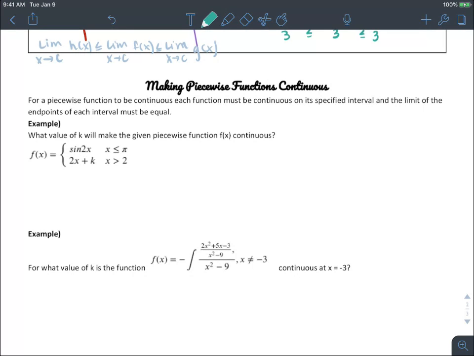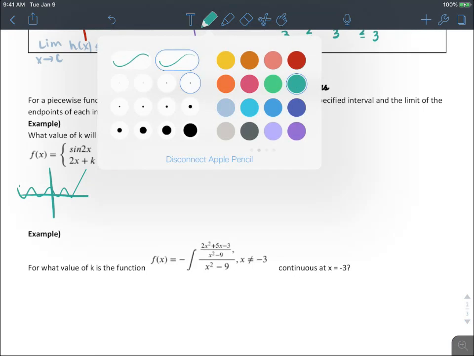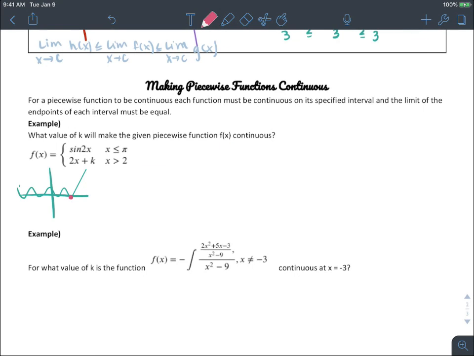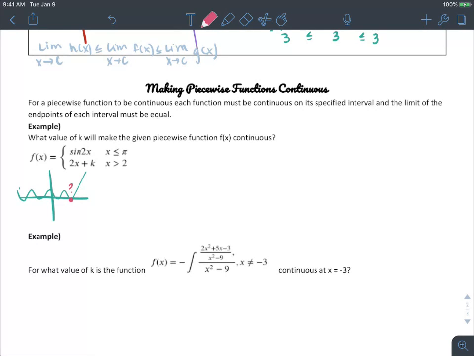So what I need to know is, how do I match this up so that my sine 2x will match up with my 2x plus something? What value do I need to make my k value so that these match up? So what's the x value that I want to evaluate at?